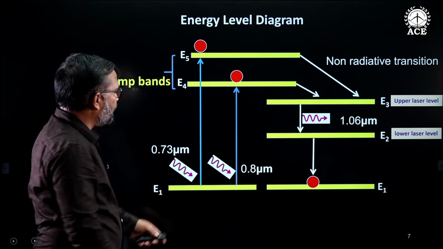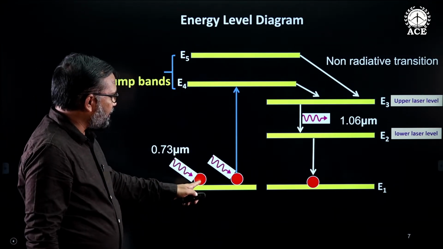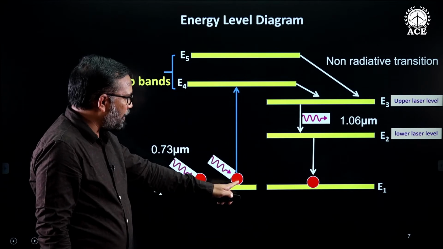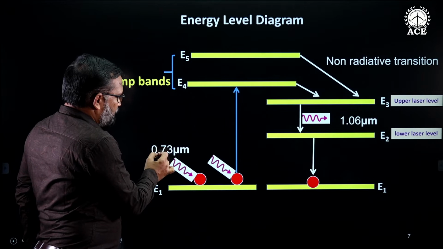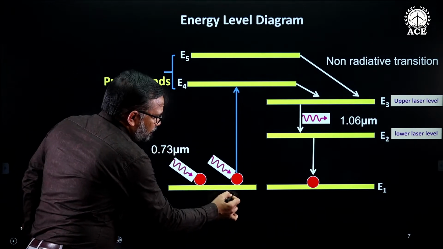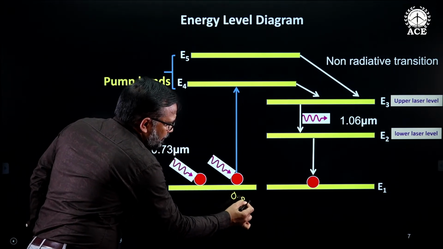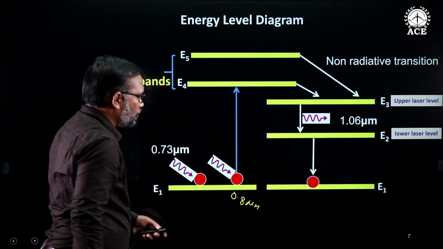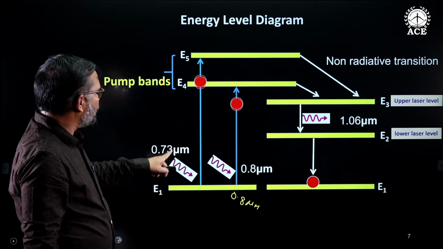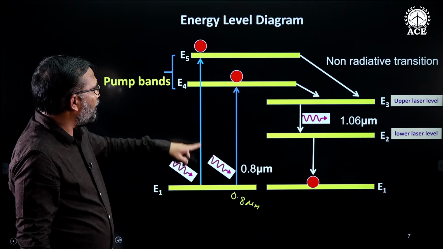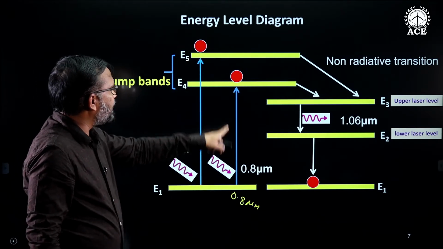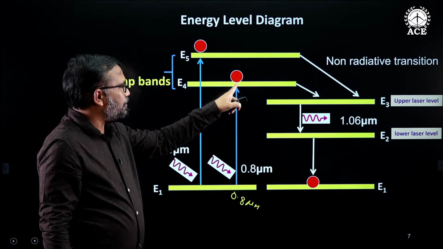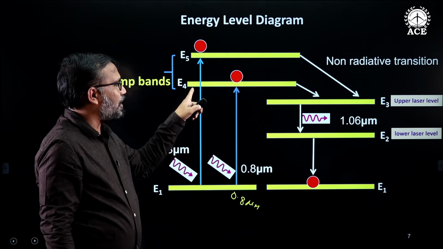here we have a neodymium ion, and it is also a neodymium ion, which are present in the ground state. So we have two photons, one of 0.73 micrometer and one of 0.8 micrometer. The 0.73 micrometer has the shorter wavelength, so this neodymium ion will be excited to the more upper pump level. The other is excited to a lesser level, the E4 level.